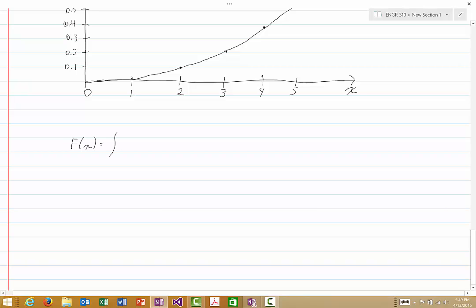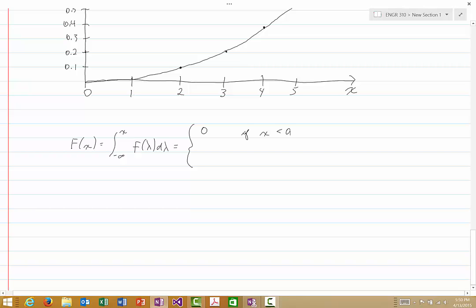well, remember that's the integral from negative infinity to little x of little f of lambda d lambda. And that's going to be equal to 0 if little x is less than 0, because remember that in the range from negative infinity to 0, little f is equal to 0.